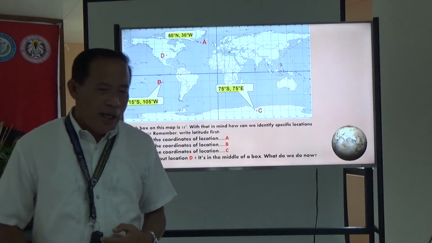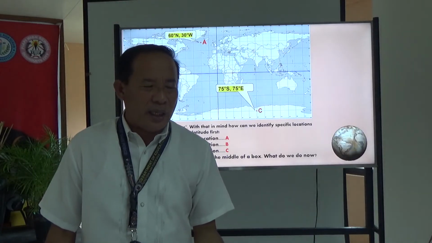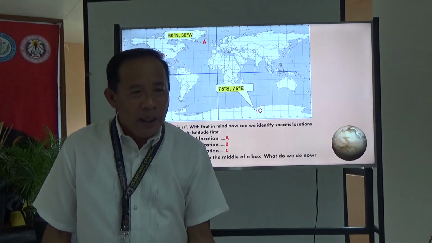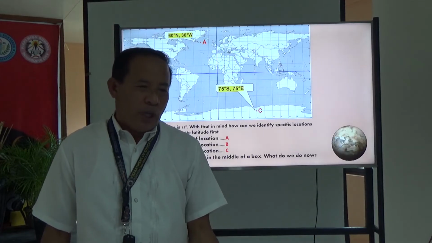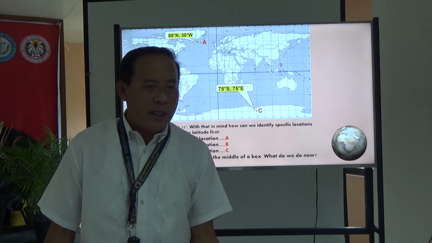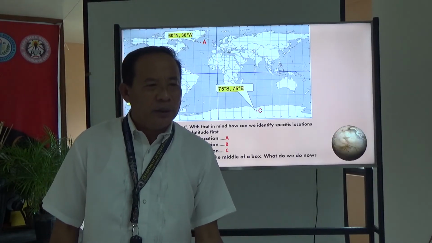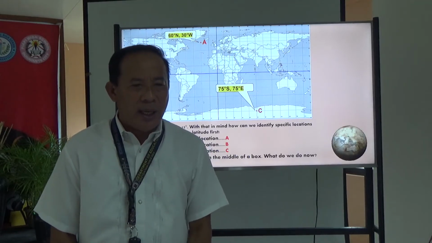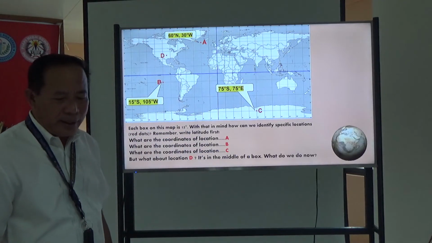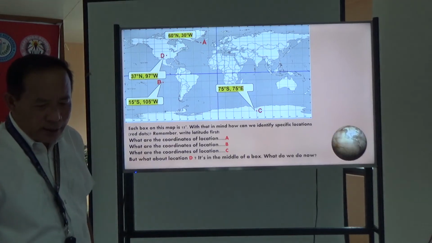I will check your answer if it's correct. And I hope you have done it. You collaborate with your neighbor or with your partner, so that you will be able to share your ideas on how to get the correct answer. Okay, let's continue.